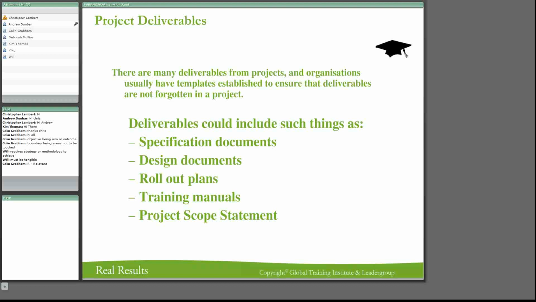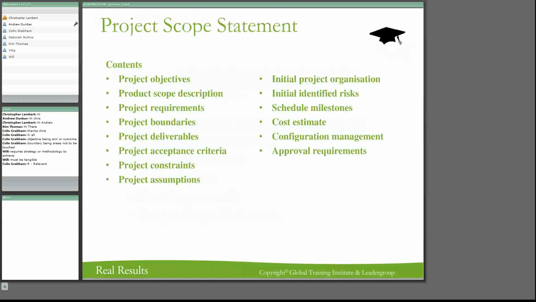Let's look at some of the scope statement. A project scope statement should include the following things. The project objectives, and a scope description. In other words, a good description of the scope. What does it include in brief?